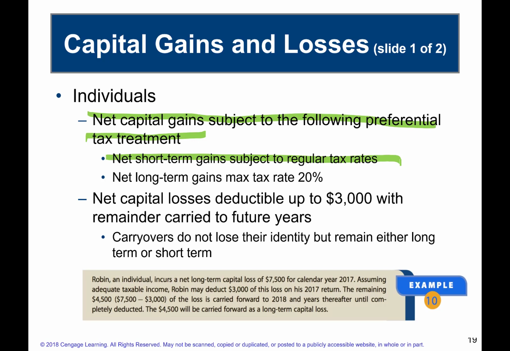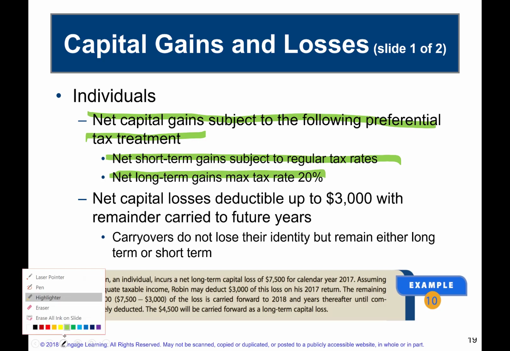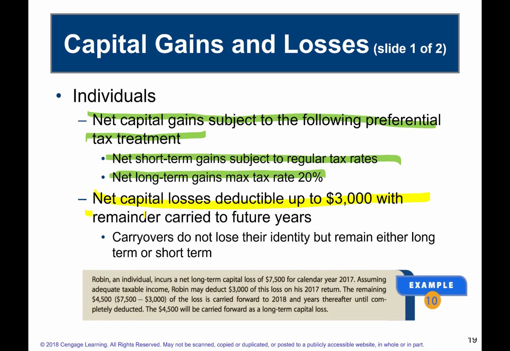And if you had net long-term capital gains, they gave us a special rate there, the 20% rate, okay? If we were dealing with losses, they would limit the amount of loss that we could take to $3,000.